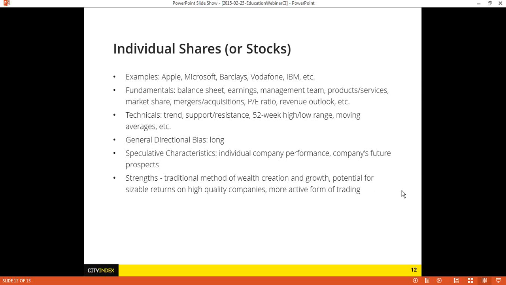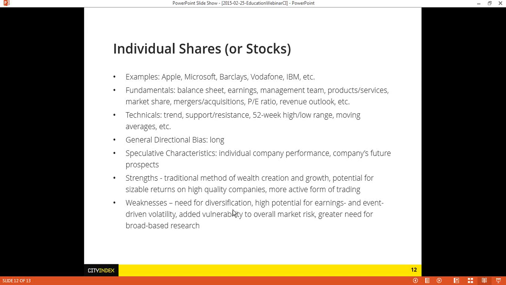Okay, so there are a lot of day traders that are trading stocks as well. Okay, and they're trading earnings reports and all that great stuff. Weaknesses: need for diversification. If you're going to be trading individual stocks, you should be trading a basket of them, to sort of diversify.